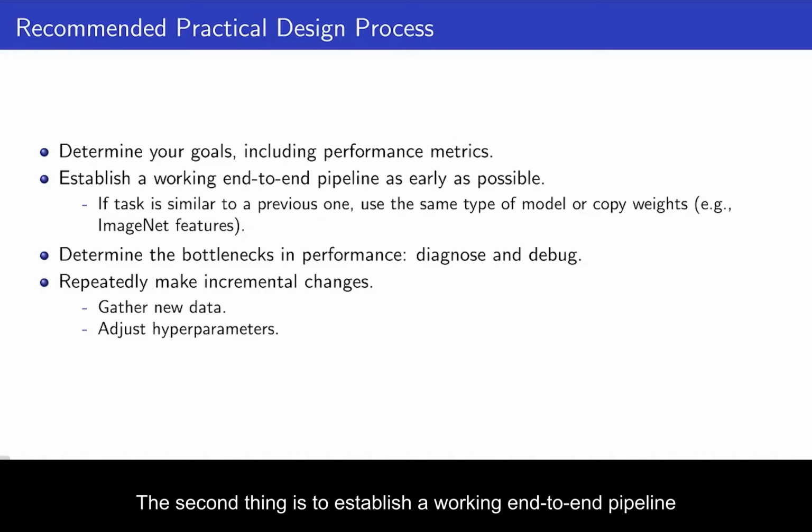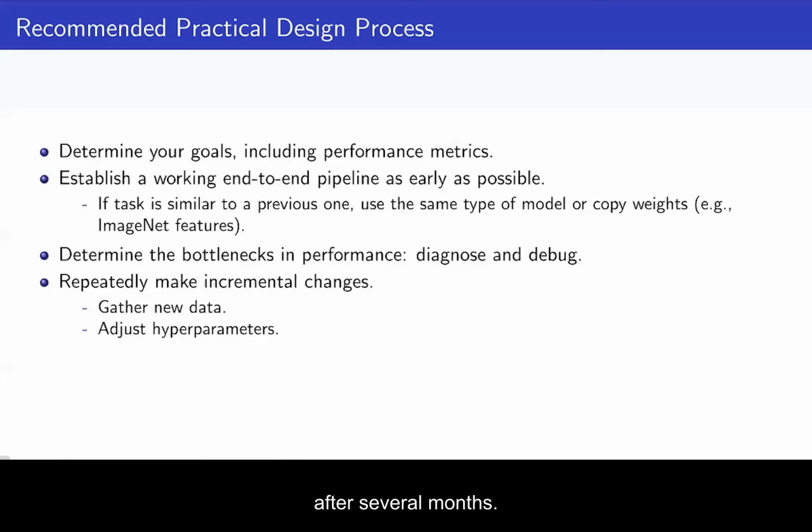The second thing is to establish a working end-to-end pipeline as soon as possible. And the thing that you should not do here is to spend months on building your model with all the new techniques that you come across in papers, and then train the network for the first time after several months. So what you should do is to get your basic structure within a few days and then start training your network early on.